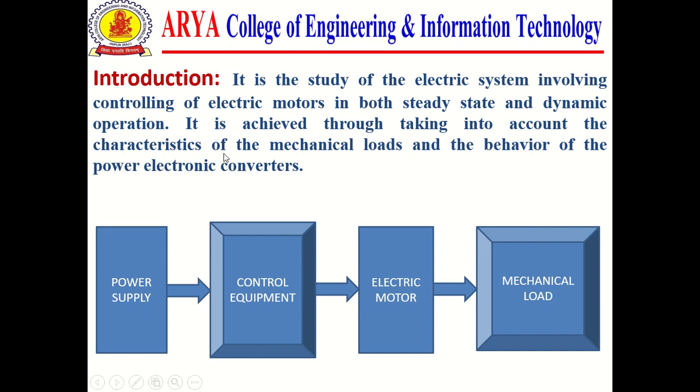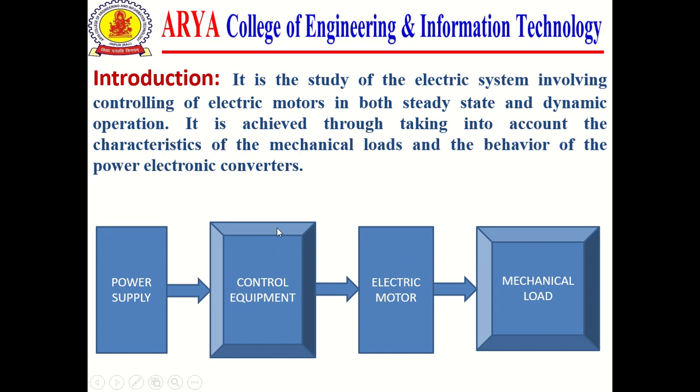So you can see this picture here. This is the block diagram of how electrical drives work. First, we feed the power supply to the control equipment, and then the control equipment supplies the power as per the requirement of the electric motor. Here we may use AC or DC motors.